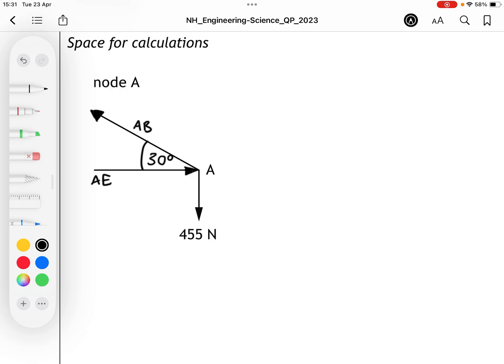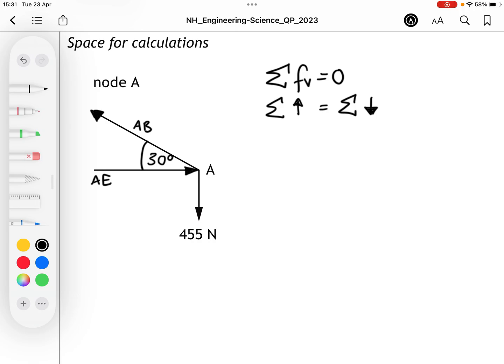Now that I've got all that information on there, I'm ready to resolve vertically and horizontally. So we'll resolve vertically first. The sum of our vertical forces is equal to 0, and that means that the sum of our forces going up have to be equal to the sum of our forces going down.